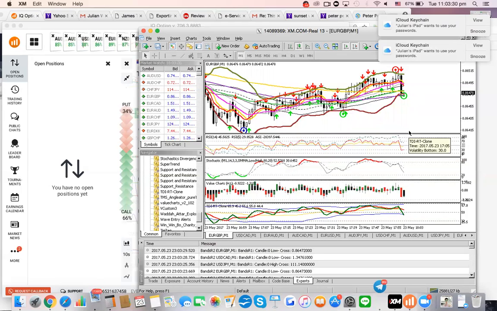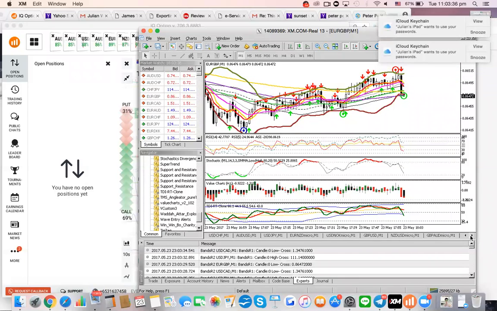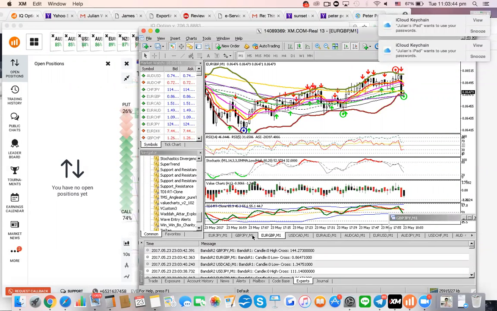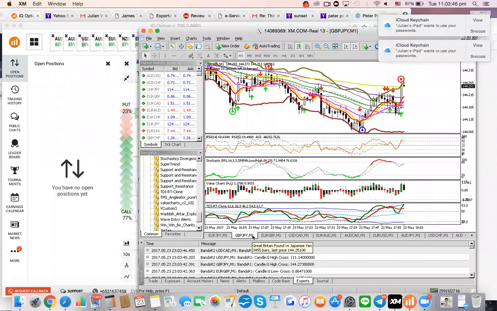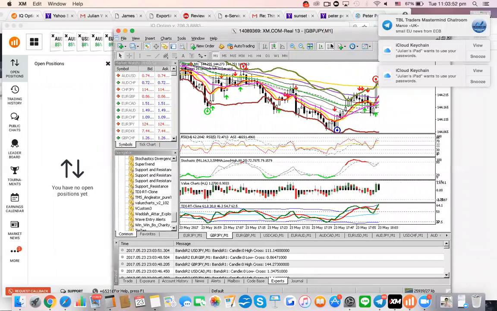Likewise here as well. Yeah, this one is just at the RSI 70. It can go higher.